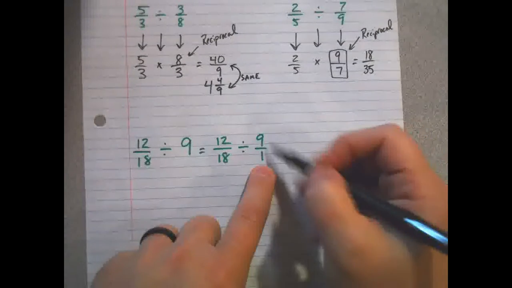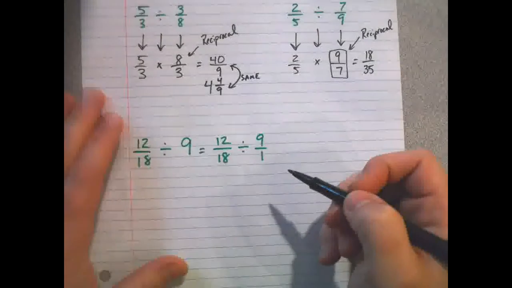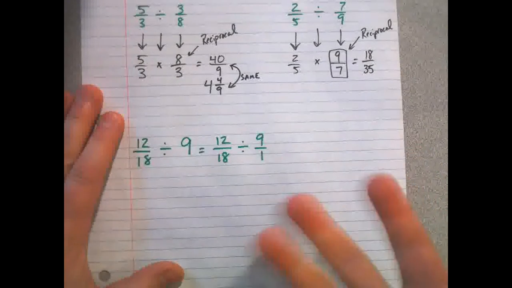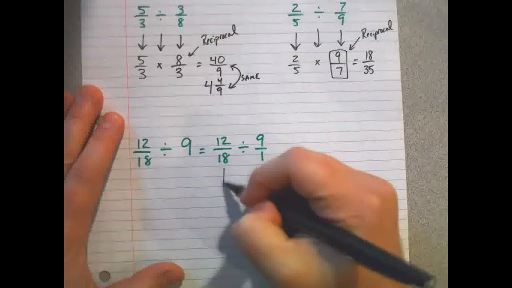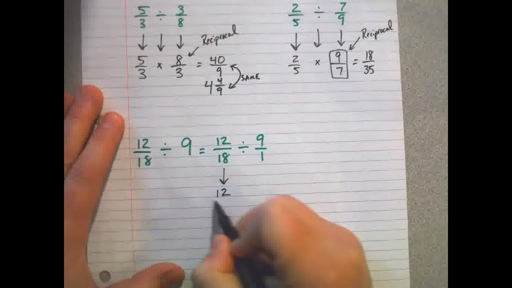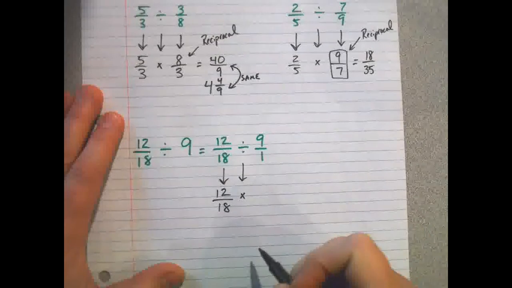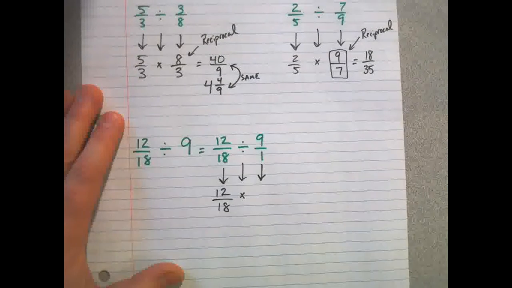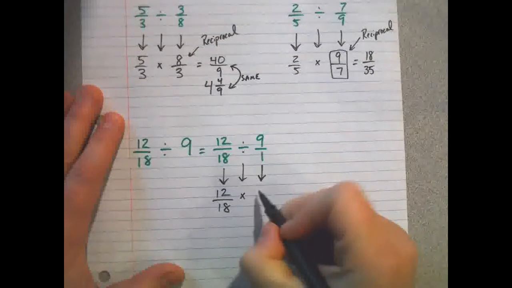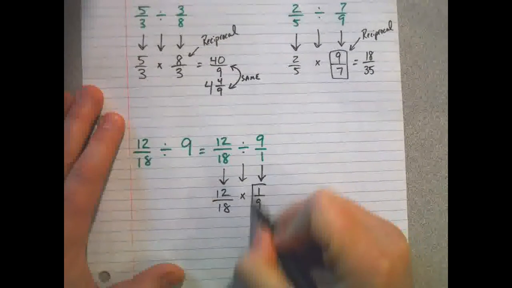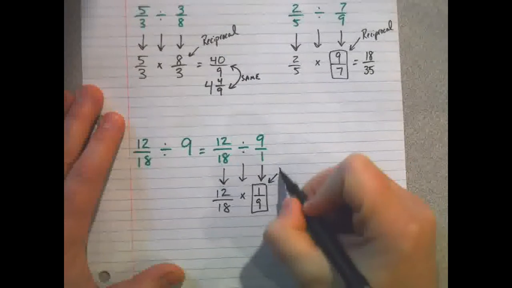Now that I have this fraction here on the end, I'm just going to convert it to a multiplication problem by multiplying by the reciprocal. 12/18 stays as 12/18. My division sign changes to multiplication. And then I like to say multiplicative inverse or my reciprocal because that's what it's normally referred to as. Remember, that's your reciprocal.